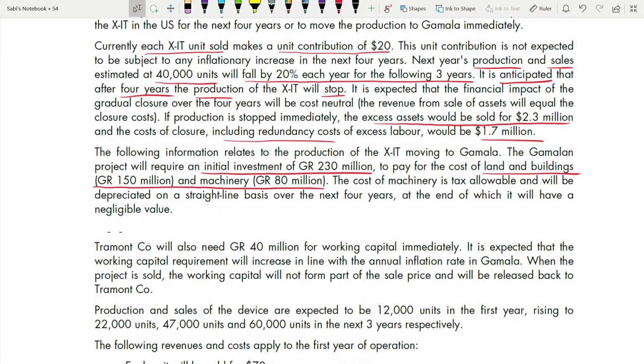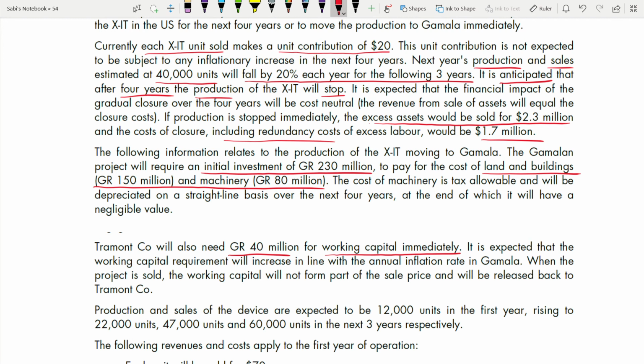Coming to this, Tramont will also need 40 for working capital immediately. It is expected that the working capital requirement will increase in line with the annual inflation rate in Guatemala. See, working capital you have to increase by inflation. Wherever they tell you not to increase for inflation, you don't increase. Wherever they tell you to increase, you increase.